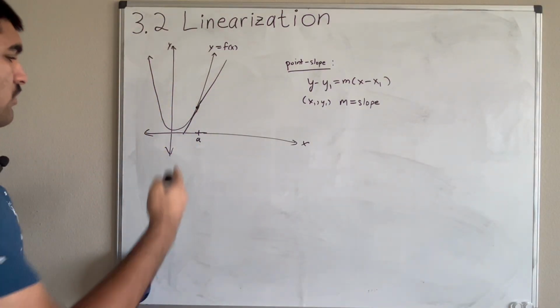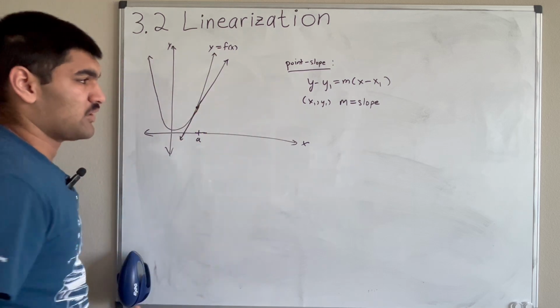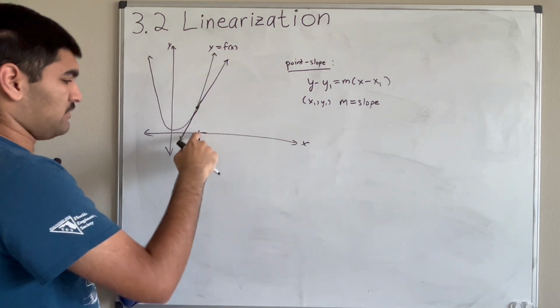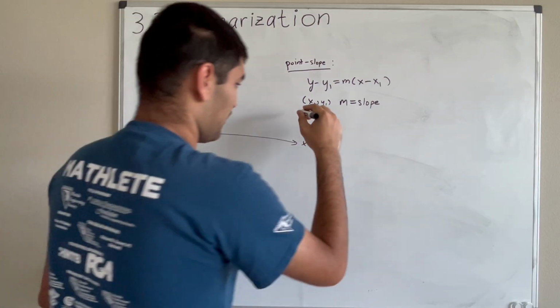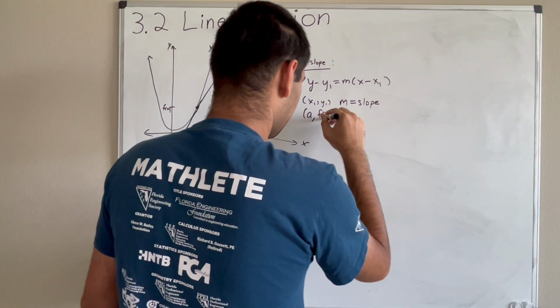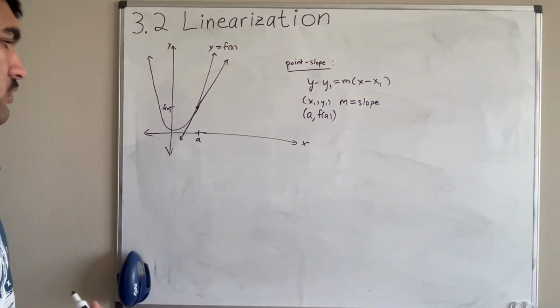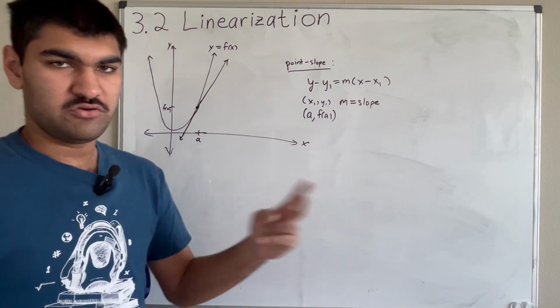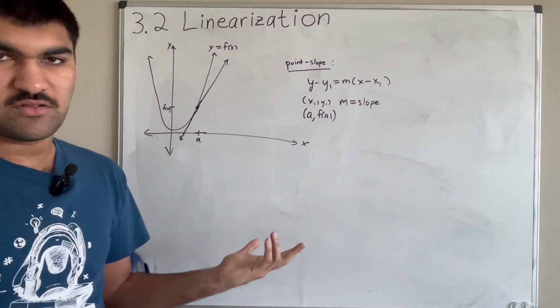So for our line right here, we do have a point that we know is on the line, right? We know that the point a, f of a, is on the line. So we have a point, that's good. So now we need to find the slope of the line. Well, in order to find slope, you need 2 points, right? But we only know 1 point on the line. So how would you find the slope?